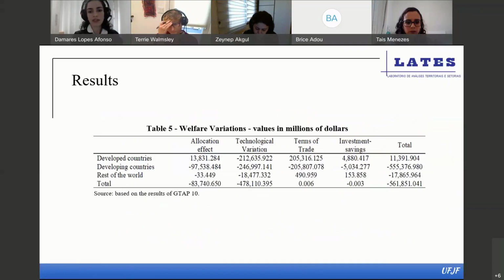Another result of interest were the welfare variations, which for this shock derive mainly from the technological effect, because our shock was applied in AMS variable.